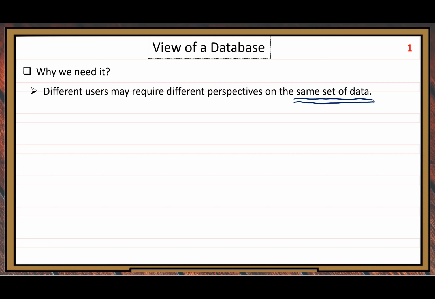For different users, they're interested in different views, so we store the data for that group of users. Not necessary. We want to use the minimum amount of storage to store the data that can provide all kinds of views for our users.